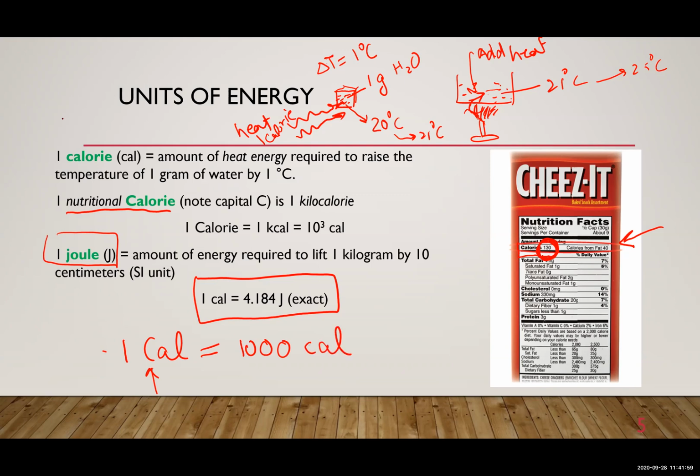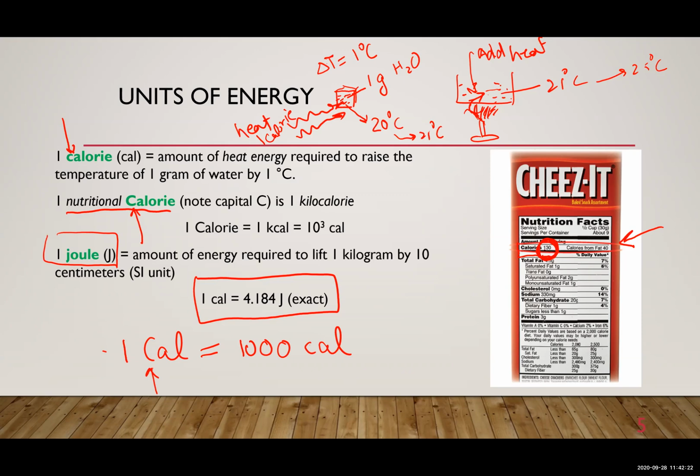A normal calorie is written with a lowercase c. See, this is the uppercase C, so this is the nutritional calorie. This is the regular science calorie or chemistry calorie, you can call it. That's the difference between the nutritional calorie and the regular calorie.